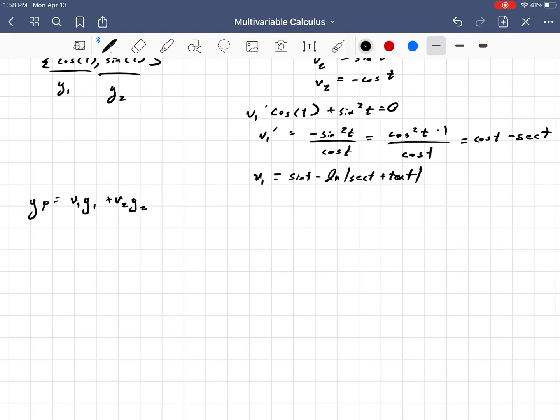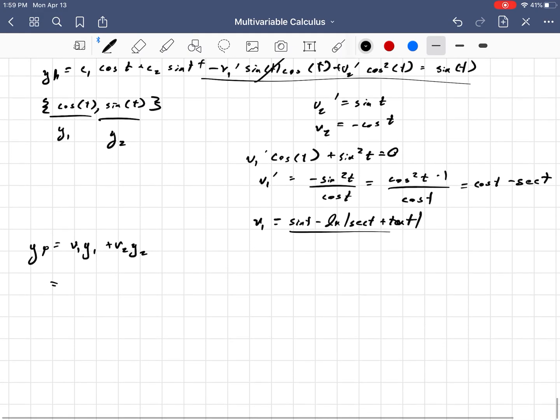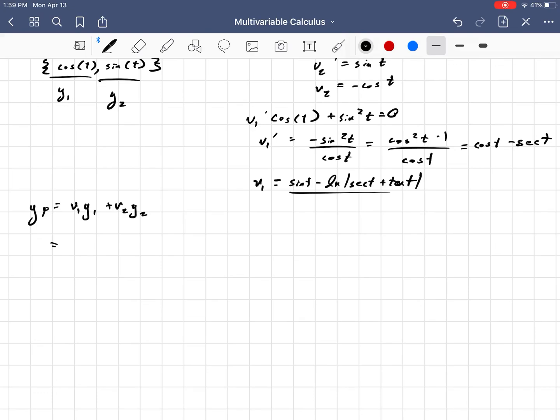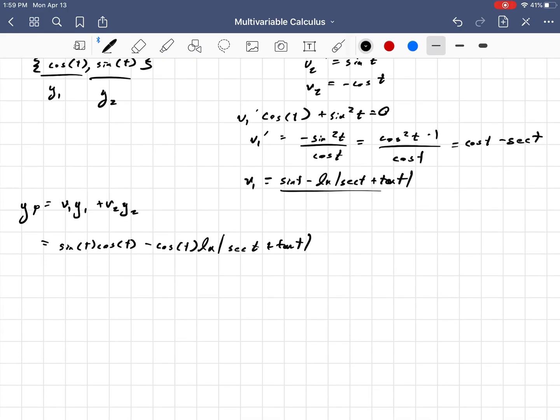So our y sub p we assume to be in the form v sub 1 y sub 1 plus v sub 2 y sub 2. So our v sub 1 is this good stuff, and our y sub 1 was cosine of t. So that's sine t cosine t minus cosine of t natural log absolute value secant t plus tangent of t.